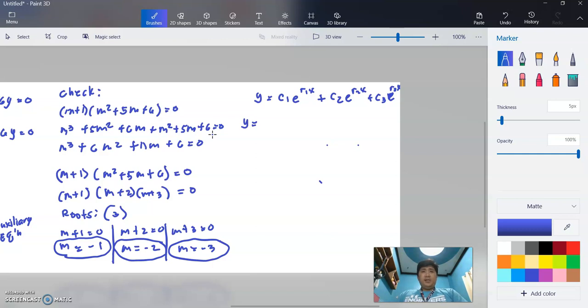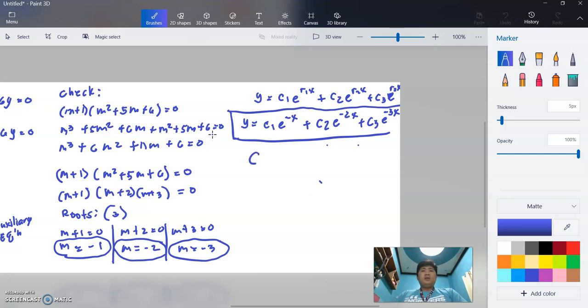So, c sub 1 e. What is our root? Root 1 is negative 1 times x, that is negative x, plus c sub 2 e, root 2 is negative 2x, plus c sub 3 e, negative 3x. So therefore, this is our general solution.